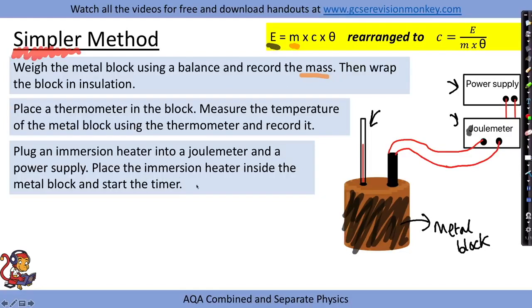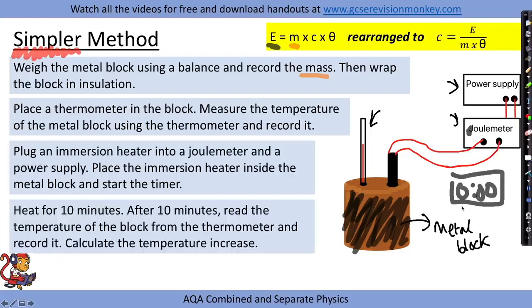We place the immersion heater inside the metal block and start a timer. Next, we heat it for 10 minutes, and after 10 minutes, we read the temperature from the thermometer and record it. And we use this then to calculate the temperature increase.